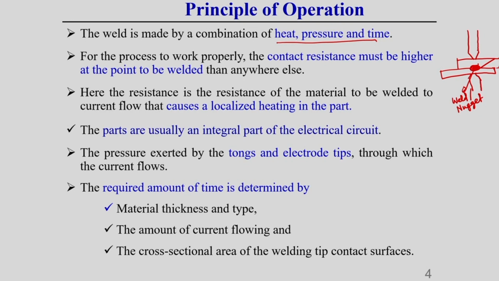The current is coming from this, called the electrode. From this electrode the current passes through this workpiece, then its contact region where we are interested to make the weld, and then it returns back to another electrode on the opposite side. This way the current passes.